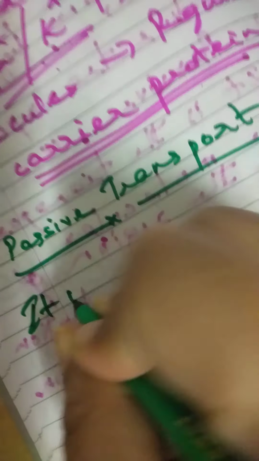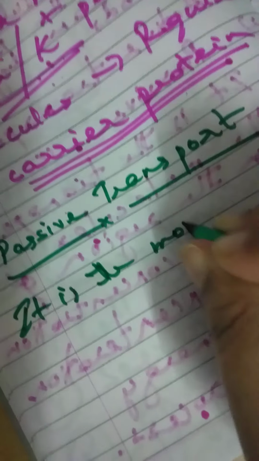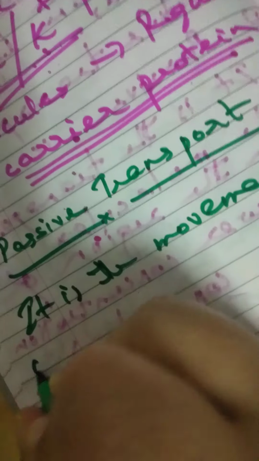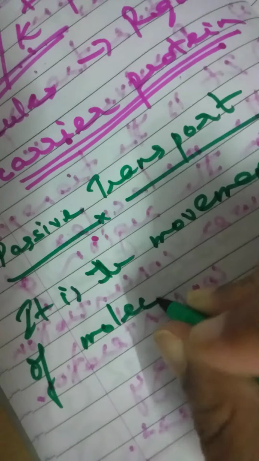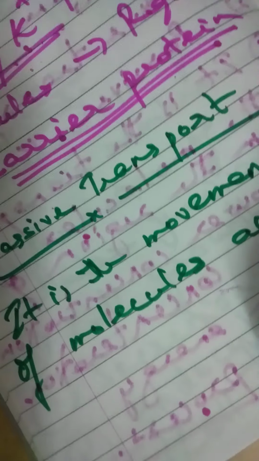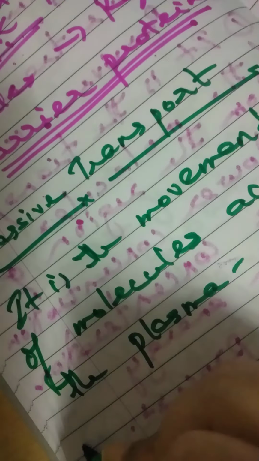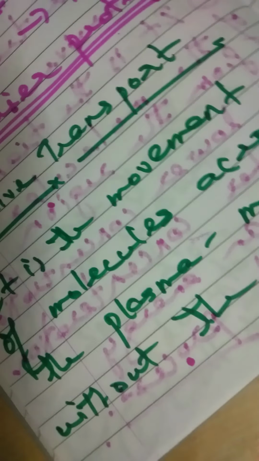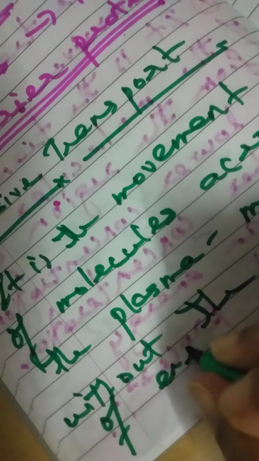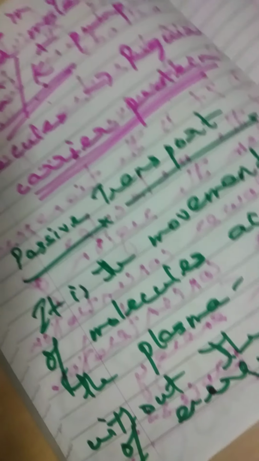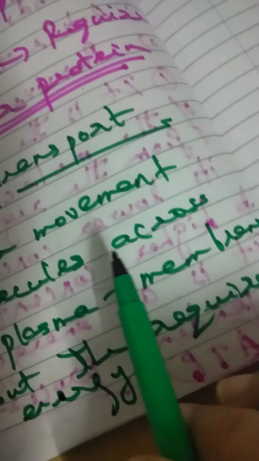It is the movement of molecules across the plasma membrane without the requirement of energy. So this is the passive transport, the transport of molecules across the plasma membrane without the requirement of any energy.